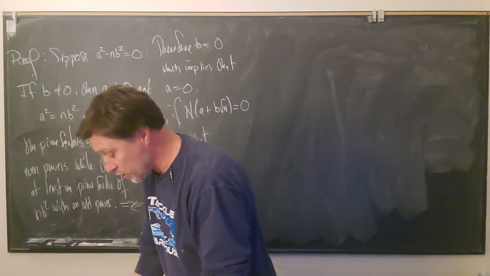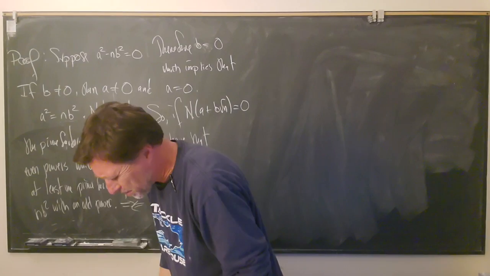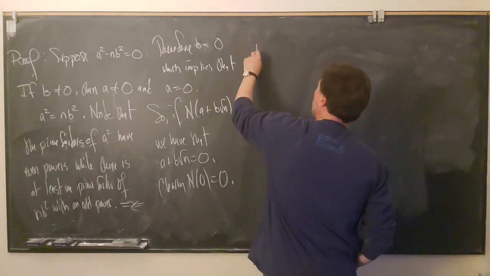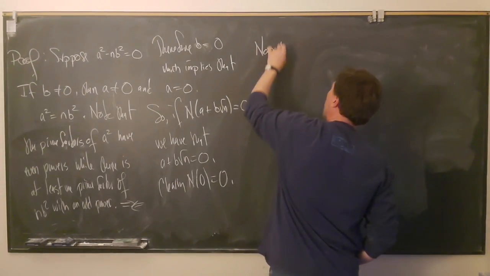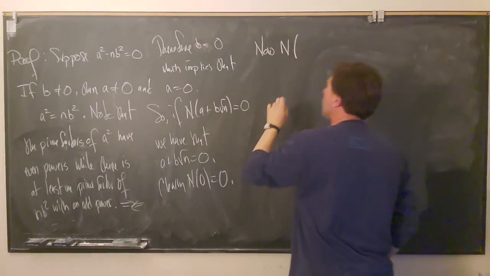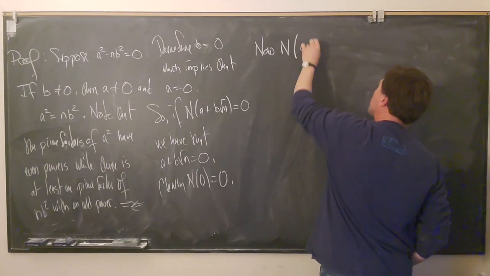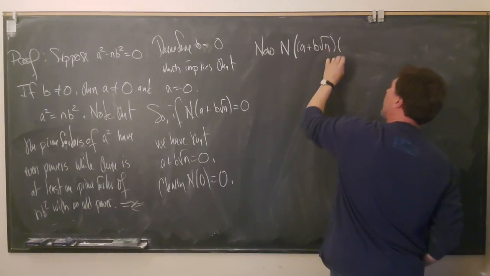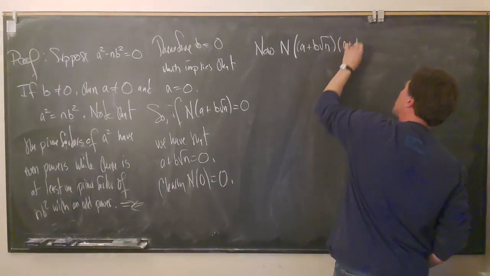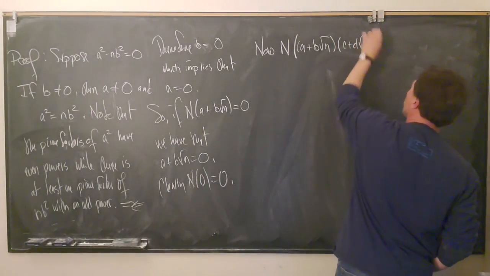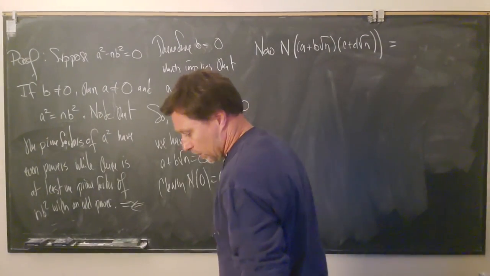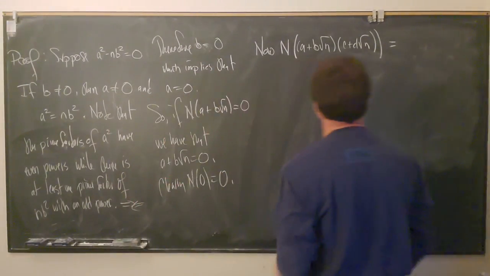Okay, so now we need to show the multiplicative property, and it's really just a matter of cranking things out. So here we go. Now, the norm of a plus b root n times c plus d root n, that's equal to, okay, so I'm just going to multiply this mess out.